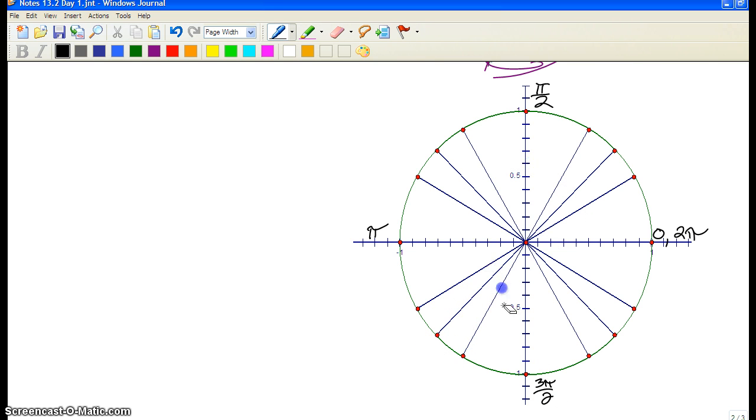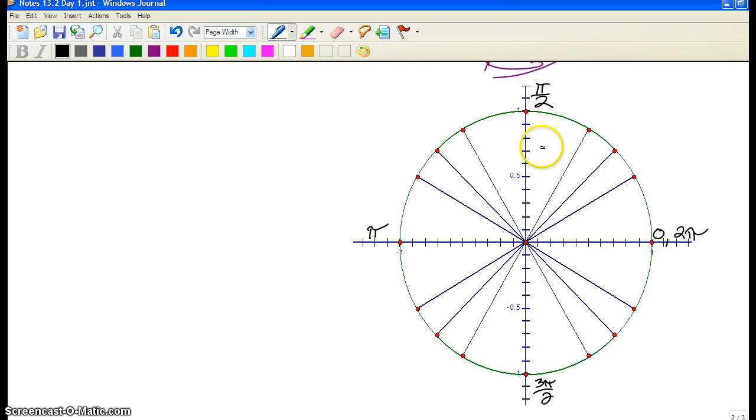All right? So that's going to get us what 0 is. That's going to get us what 90 is, what 180 is, and what 270 are in terms of radians. Any questions?